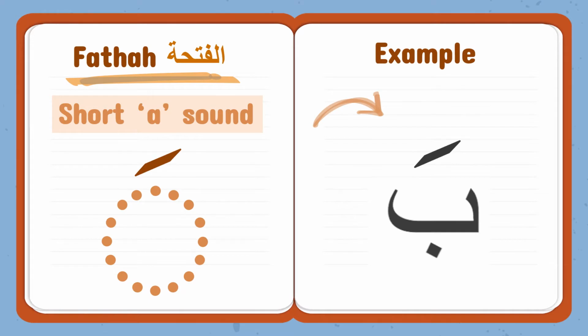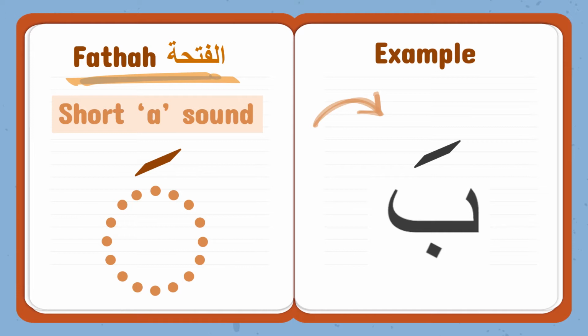Fath-ha looks like an inclined dash written on top of a letter, representing an a sound right after the original sound of a letter. Are you confused? Let's take an example of the letter ba.